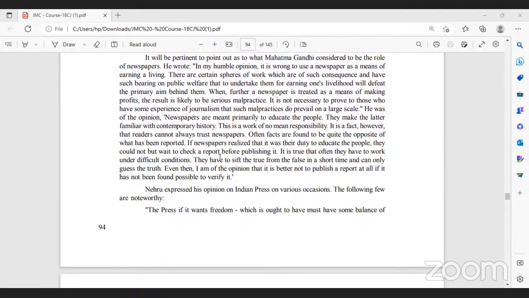In his humble opinion, it is wrong to use a newspaper as a means of earning a living.